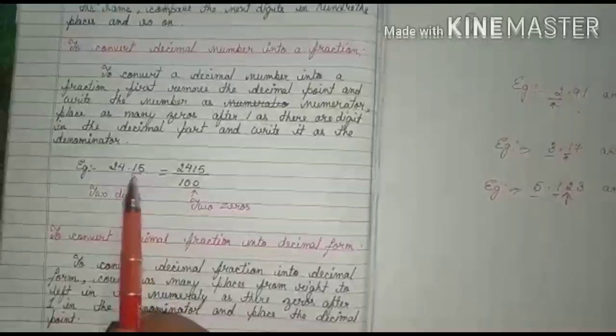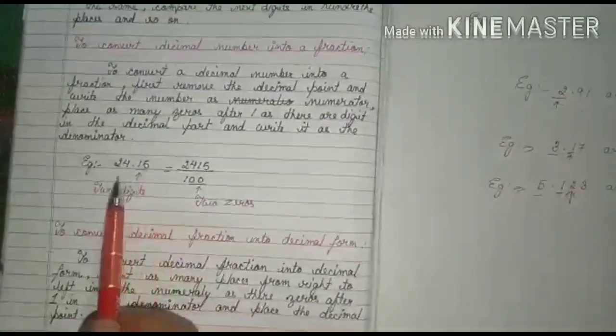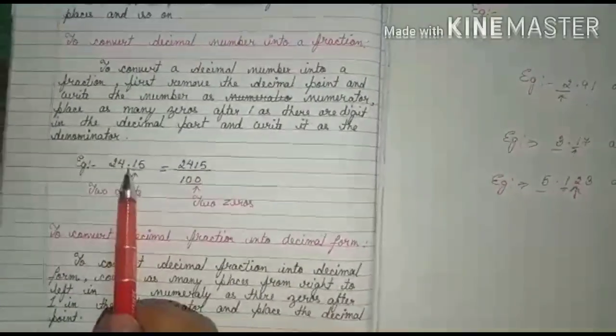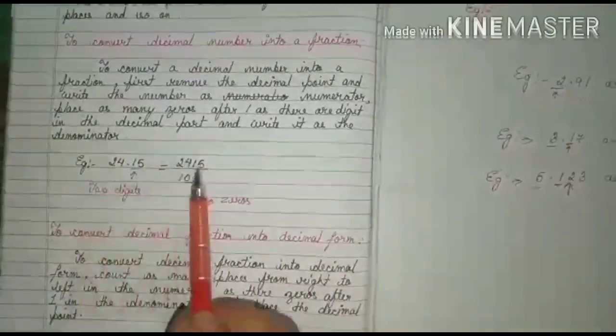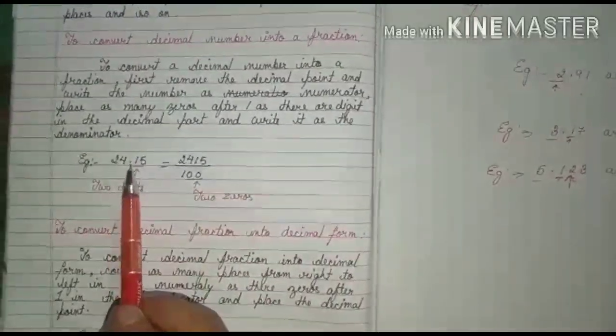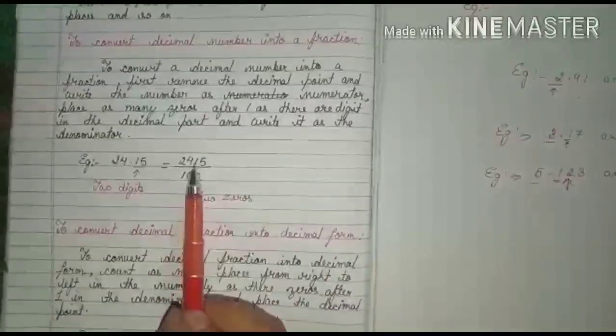To convert the decimal number 24.15 into a fraction, first we have to remove the decimal point. After removing the decimal point, what remains is written as the numerator: 2415.